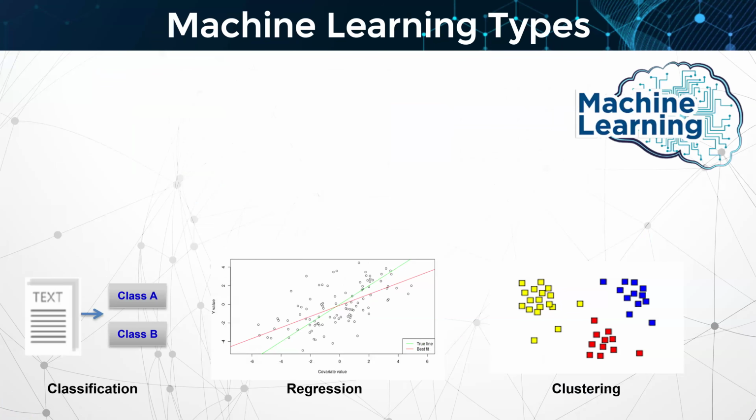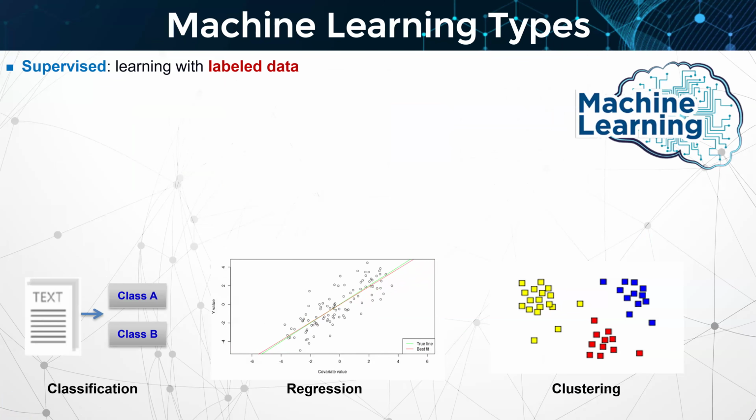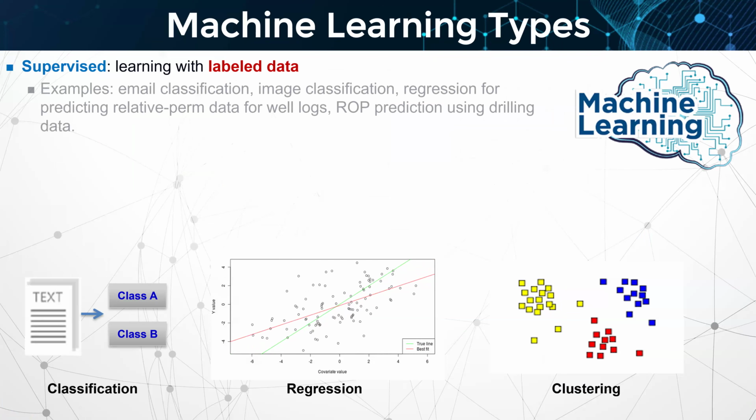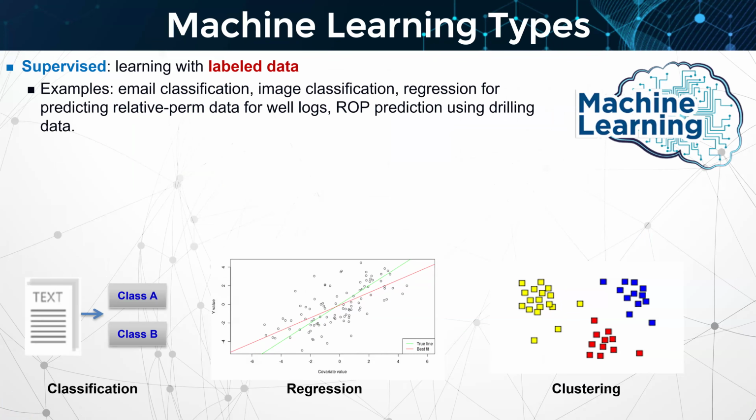So, what are the machine learning types or machine learning paradigms? We have three common types: the supervised learning, which is learning from labeled data. So we have a set of inputs and expected output, representing a vector.